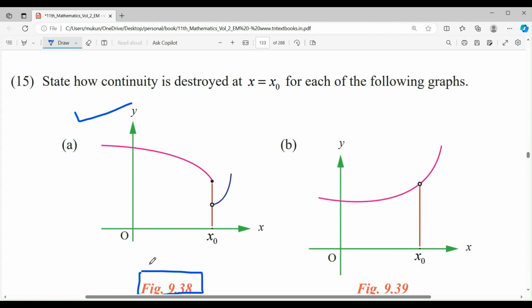So you see that this particular line, which is this pink line, right, is what the function f of x takes when x is lesser than x naught, right? So let's call that out first. And the blue line, the dark blue line is what we have when x is greater than x naught, right?